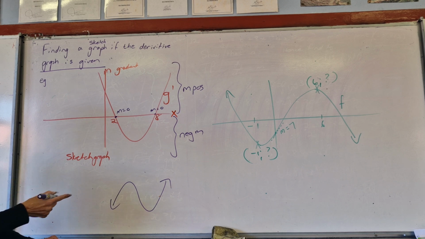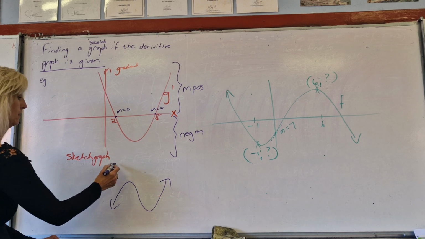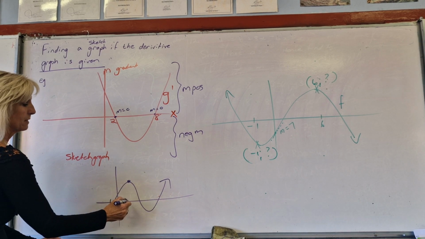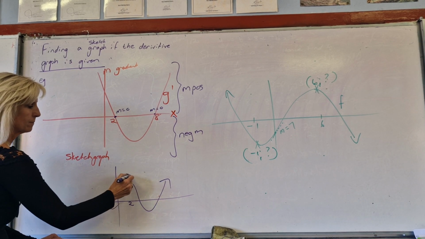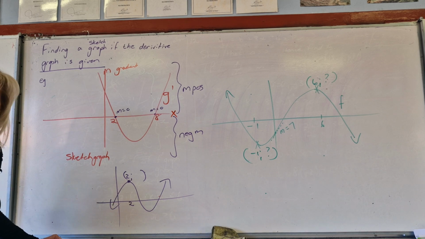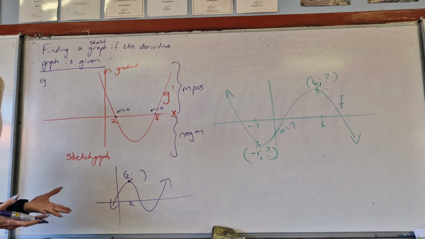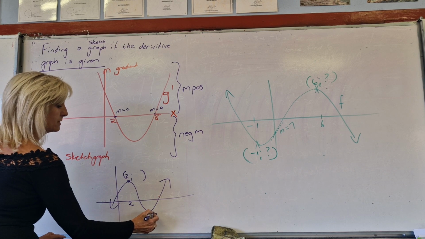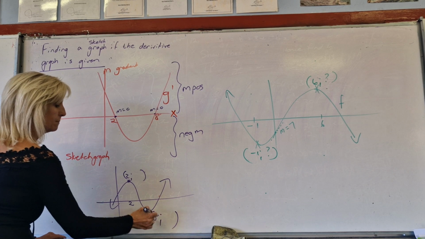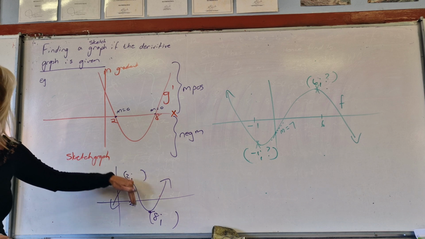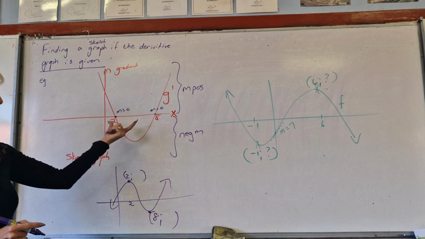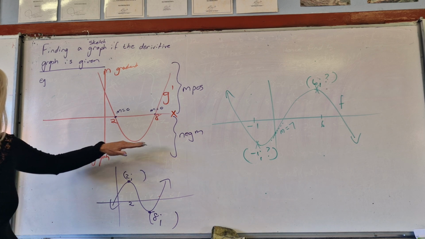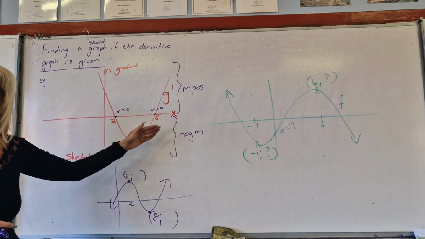If I had to go plot this on a graph, I'd say that would be at the point where x is 2, and I don't know what, because I can't work it out, I don't have an equation. And then the other one would be where x is 8, but it has to be negative gradient between 2 and 8. Negative gradient.